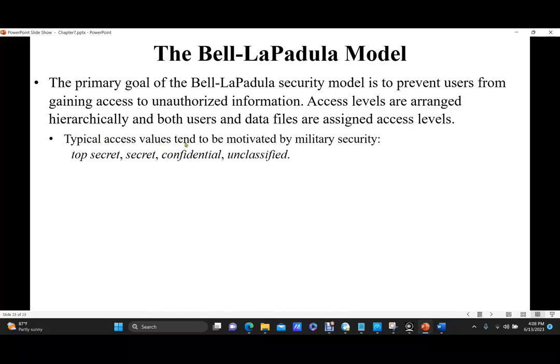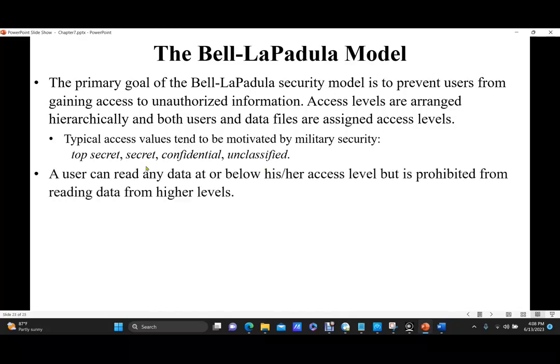Typical access values tend to be motivated by military-type security: top secret, secret, confidential, unclassified. A user can read data at or below his or her access level, but is prohibited from reading data from higher levels.